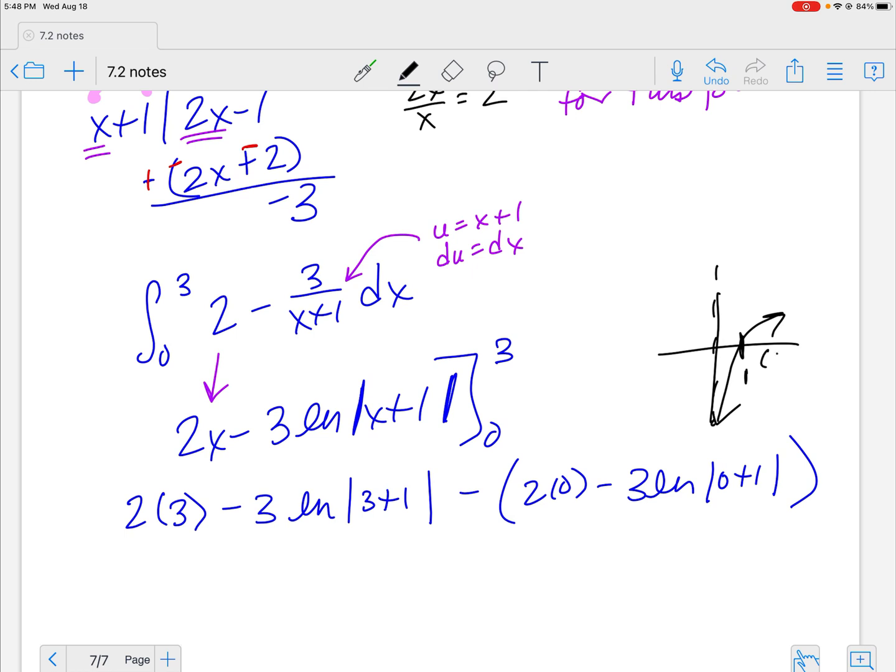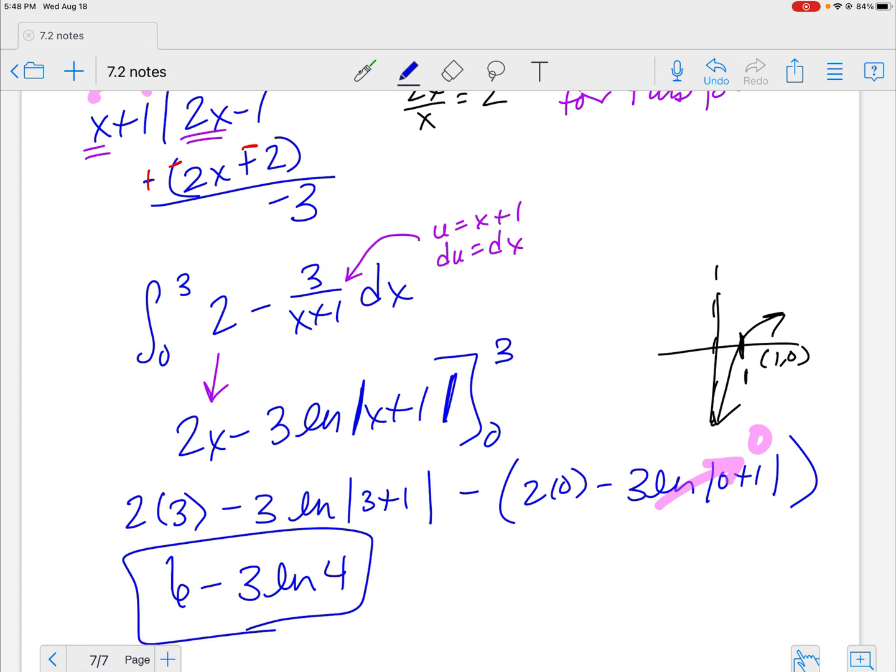The natural log of 1 is the coordinate point 1, 0. So with that, I know this natural log of 1 goes to 0. So in the back, it's that 0 minus 0. So my final answer is 6 minus 3 natural log of 4.